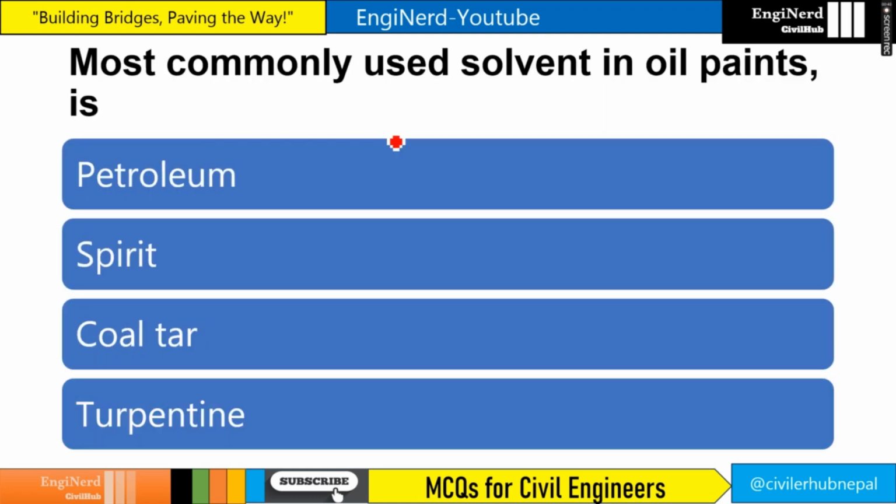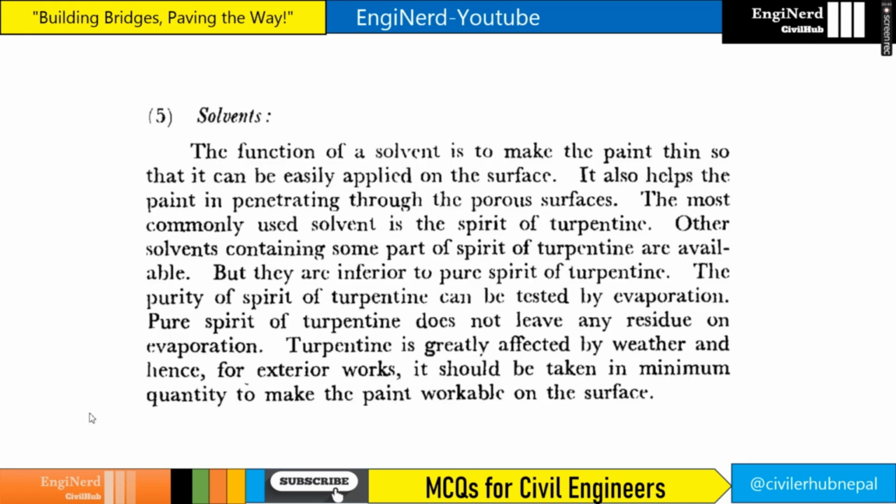Most commonly used solvent in oil paints is, solvent is thinner, right? Solvent is thinner, and the most commonly used is turpentine. The most commonly used solvent is the spirit of turpentine.